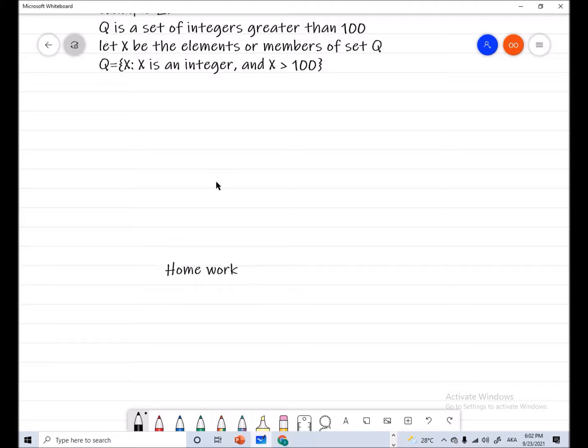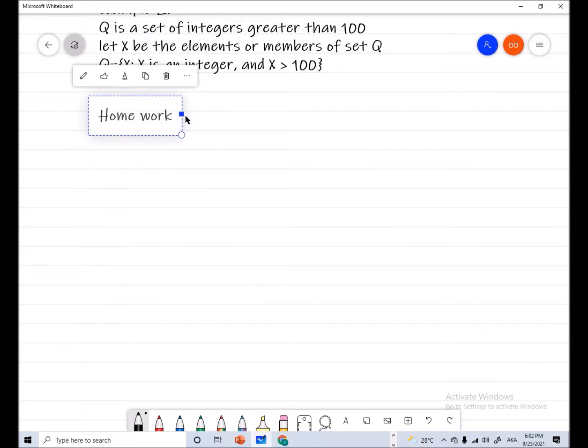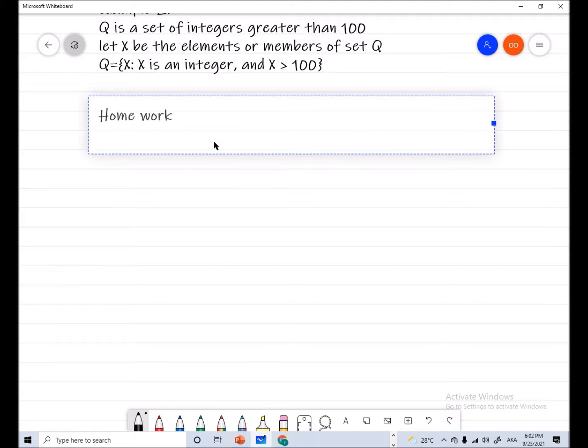So let's do this exercise. It's a homework. Write it down.